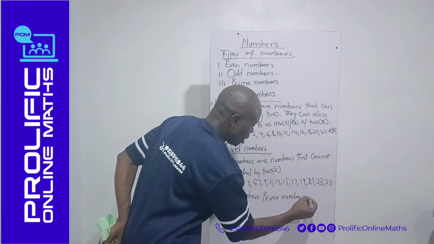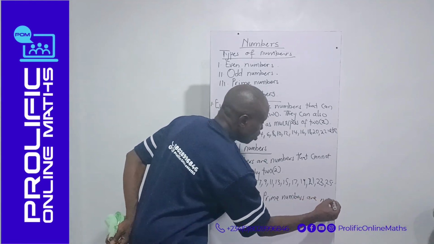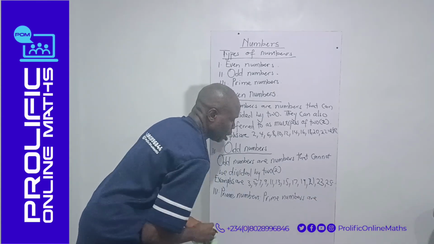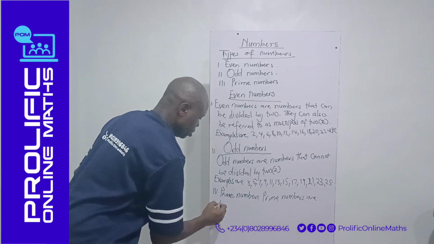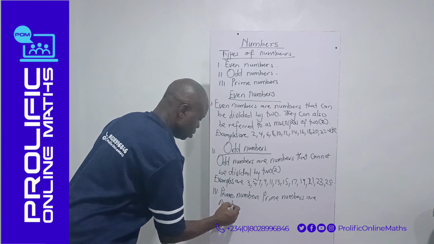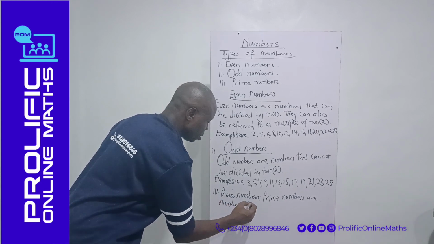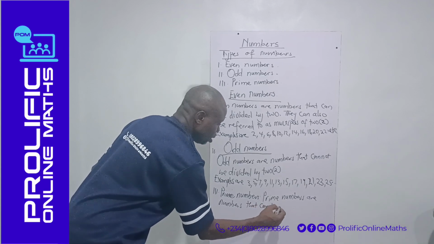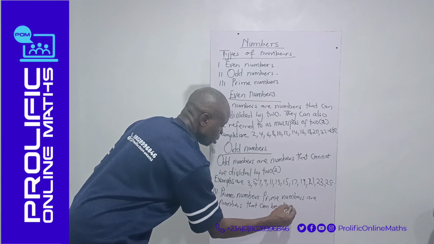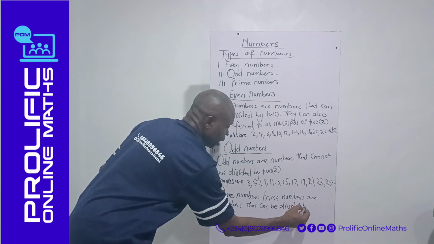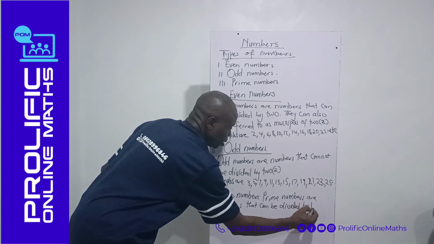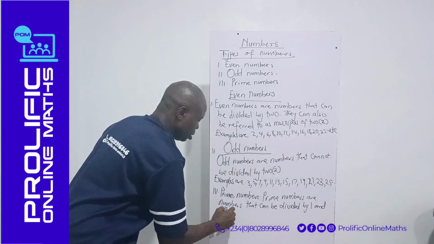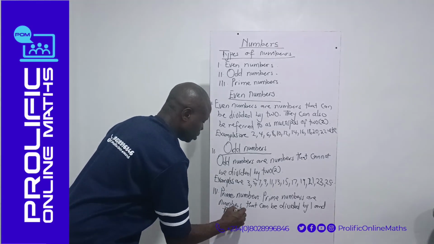Prime numbers are numbers that can be divided by 1 and themselves.